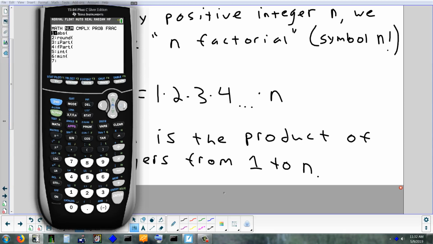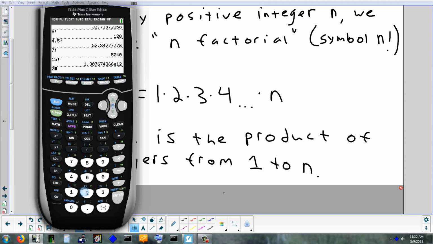In fact, by the time I type in 15 factorial, it's already giving it to me in scientific notation. Okay, 1.3 times 10 to the 12. The calculator can't go that big with factorials. It can only go till this exponent hits 99.